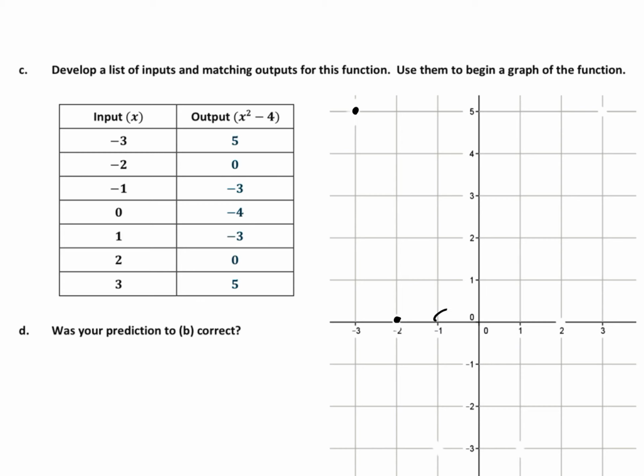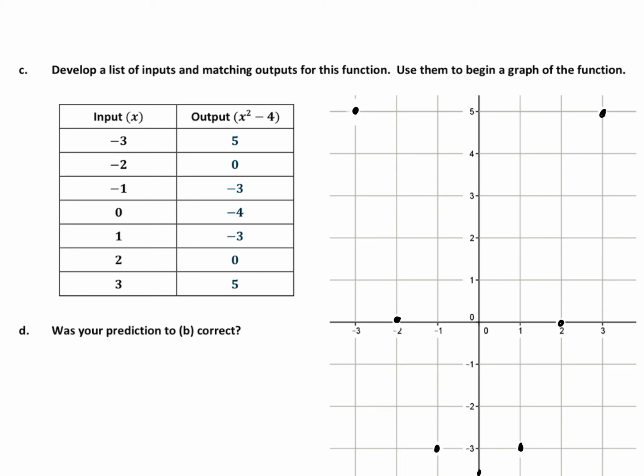So back to -1 and down 3. Zero, -4, that's going to run off my screen just a little bit. 1, -3, 2, 0, and 3, 5.